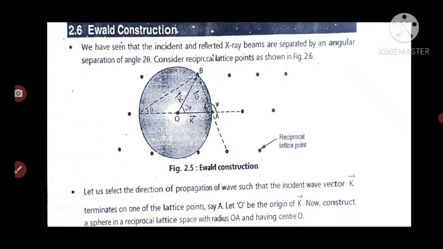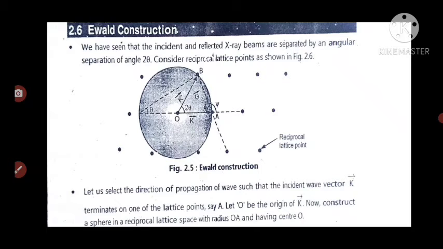In this lecture we want to see a new point, which is the Ewald construction. If you look at the figure, the general idea is that the incident and reflected X-ray beams are separated by the angle 2 theta, and at the center point O the angular separation of 2 theta is denoted.